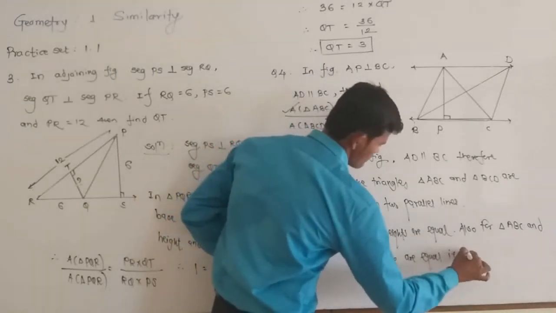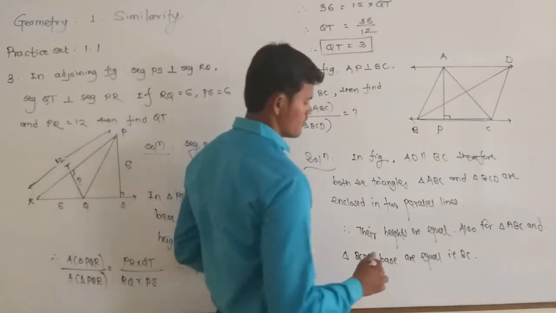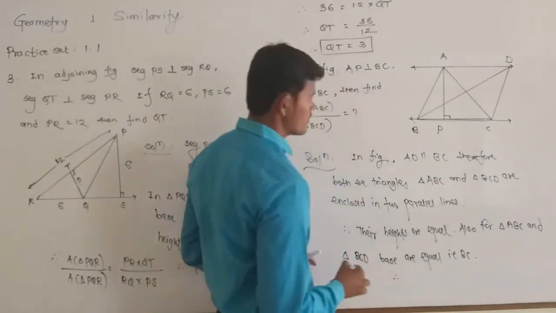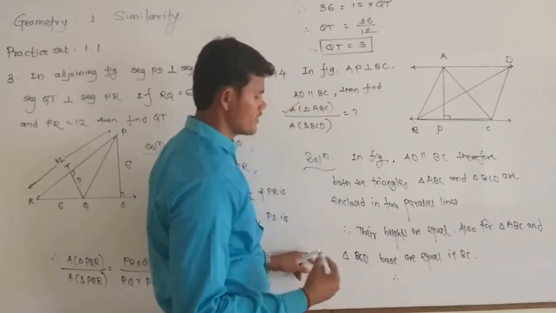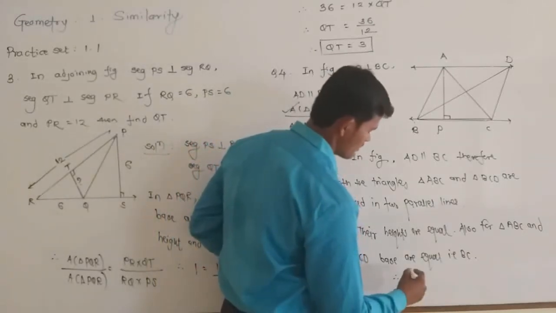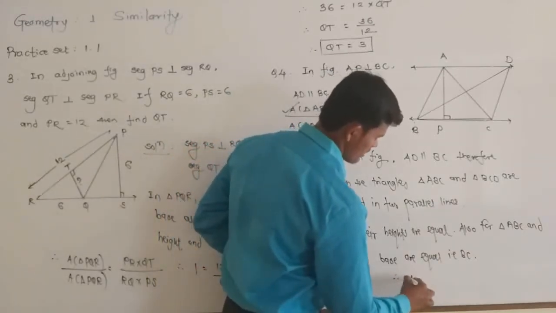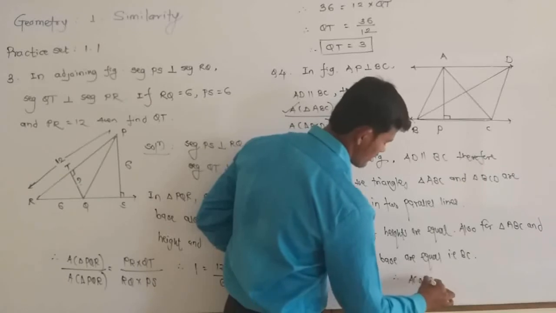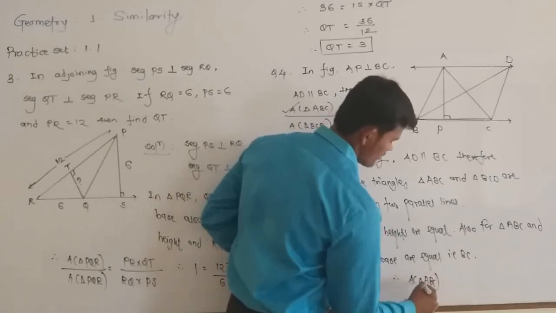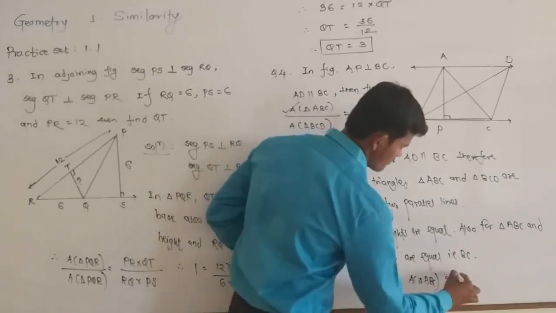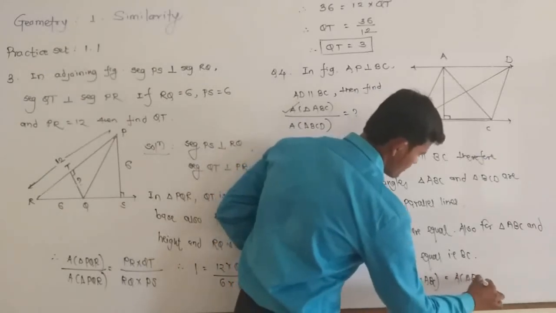That is BC. Therefore, if two triangles have heights and bases equal, then the ratio of areas of the triangles is also equal. That is, area of triangle ABC is equal to area of triangle BCD.